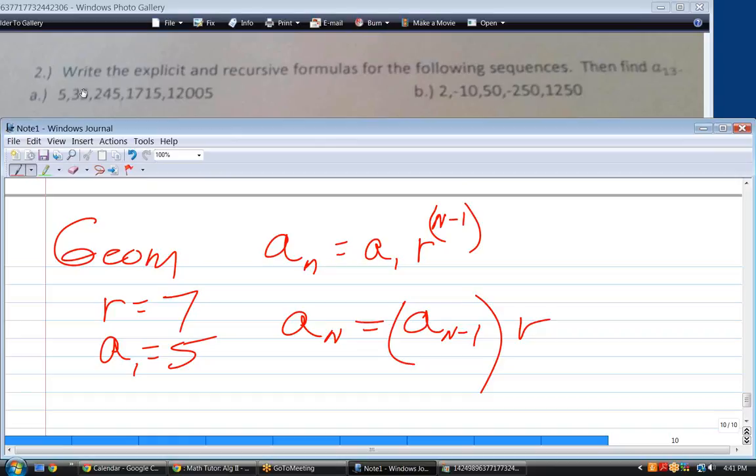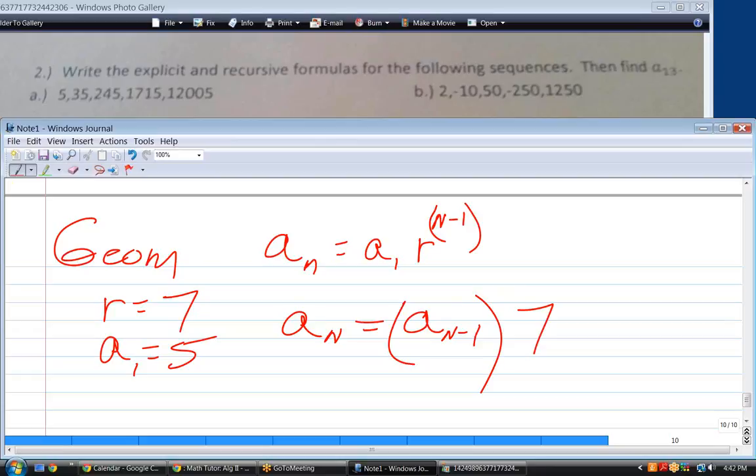The second term of this sequence is, in other words, a sub 2 is going to be a sub 1 times 7. A sub 1 is 5 times 7, 35. So it works. Okay, so the recursive definition, that's the general formula. In our case, we know what r is. It's 7, and there you have it.